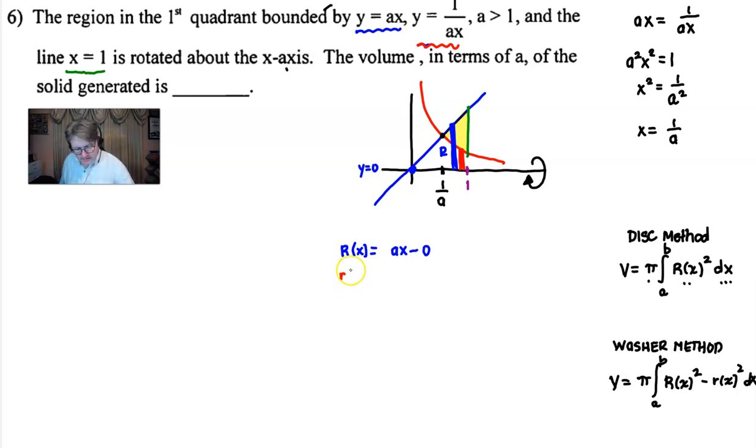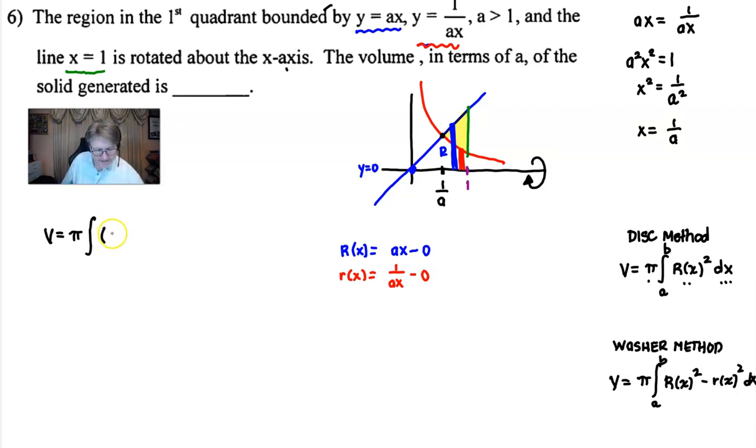And the little r of x is going to be defined as the expression that constitutes the top, 1 over ax, minus the expression on the bottom, which is 0. And so now you have a fighting chance. You've really come a long way in this problem once you find capital R and little r. I always remember capital R is the big one, little r is the small one when you compare them.